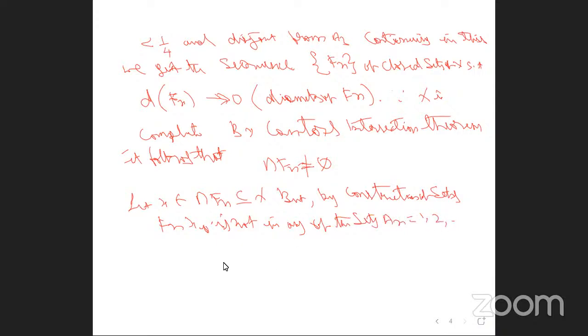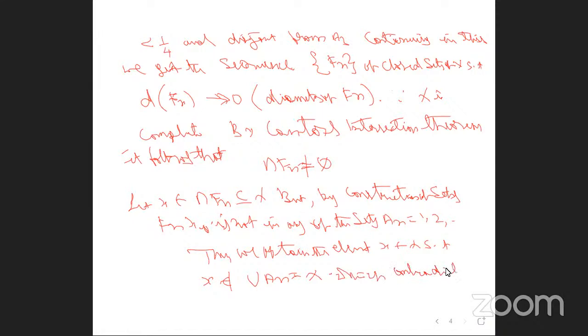Thus we obtain an element x belonging to X such that x does not belong to the union of An, which is equal to X. This is a contradiction. Hence the theorem.